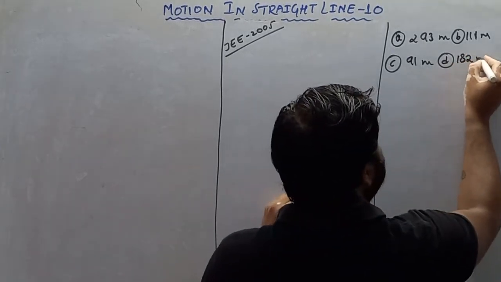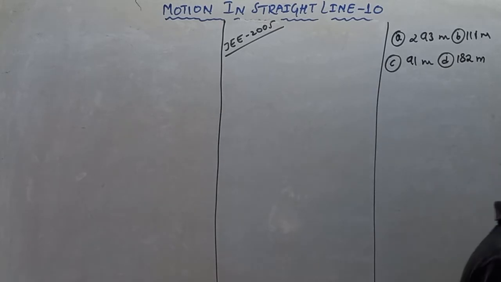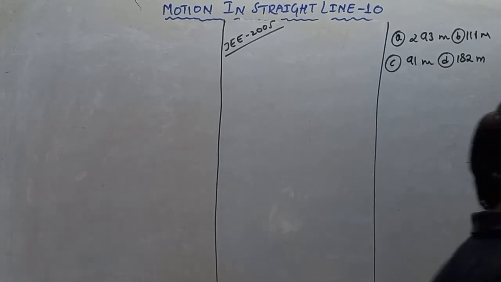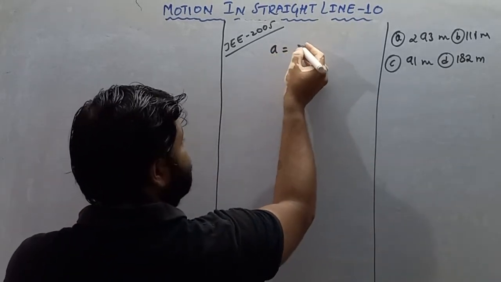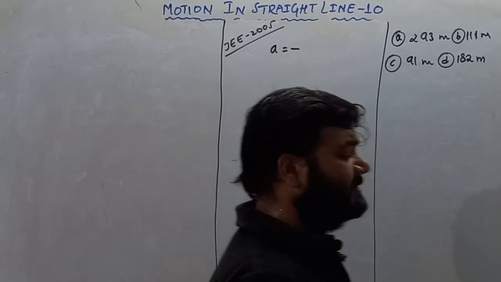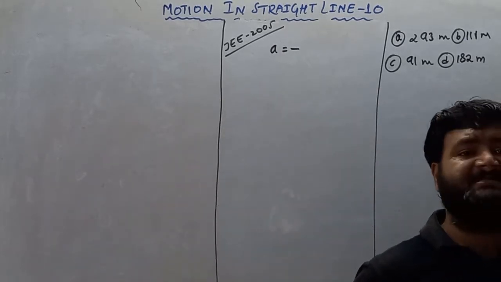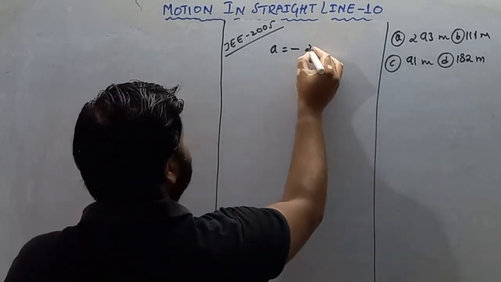I'll repeat the question once again, my dear student, for you. A parachutist after bailing out falls 50 meter without friction. When the parachute opens, it decelerates, meaning negative acceleration, so the deceleration of the parachutist is 2 meter per second square.